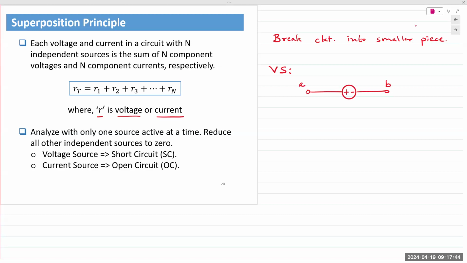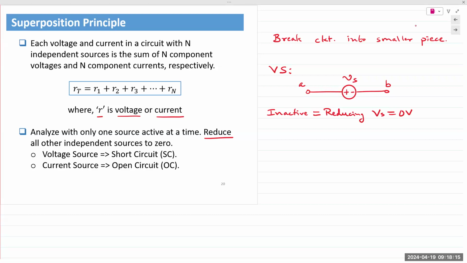But turning it off means reducing. So let's call this Vs. Inactive or turning it off means reducing the value of Vs to 0.